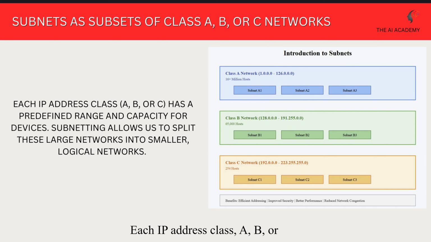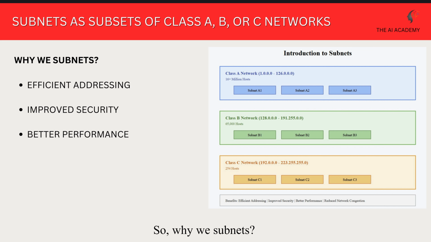Each IP address class, A, B, or C, has a predefined range and capacity for devices. Subnetting allows us to split these large networks into smaller, logical networks. So, why do we subnet? 1. Efficient addressing, to avoid wasting IP addresses.